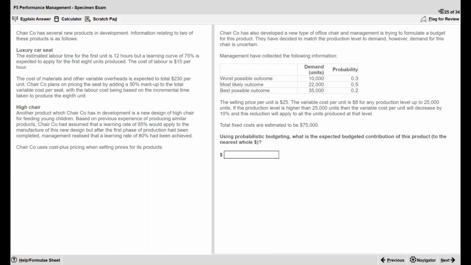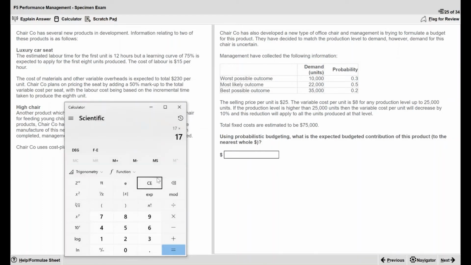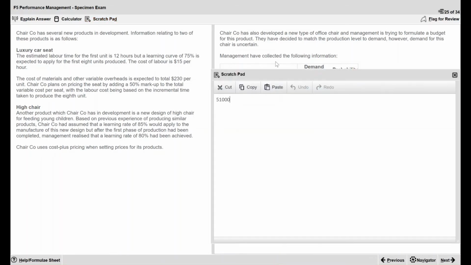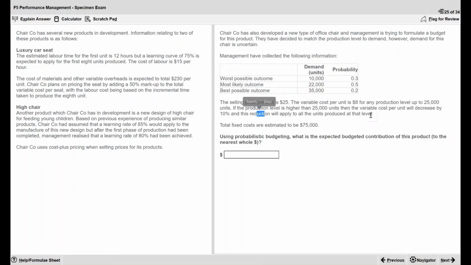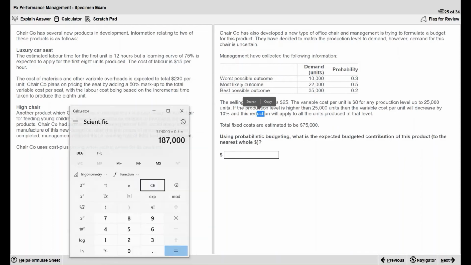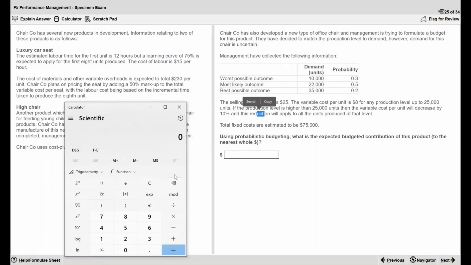Next, 17 multiplied by 22,000 multiplied by 0.50, which is 187,000. Plus, for this last activity, the variable cost changes. It said that there is 10% discount and it is applied to all units. If that is the case, the variable cost will become 8 multiplied by 0.90, 7.20.